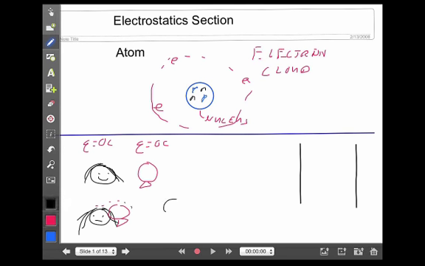So now when we separate the two, our friend's head is positively charged and our balloon is negatively charged.